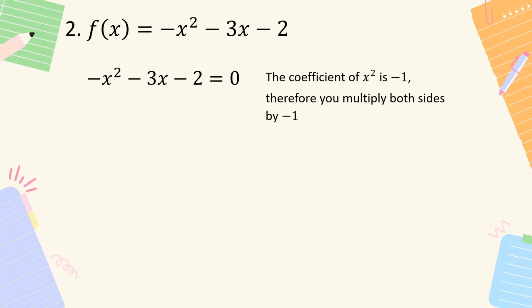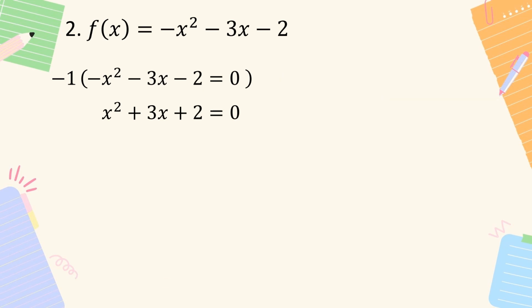Therefore, you multiply both sides by negative 1. So our equation is written as x squared plus 3x plus 2 equals 0. We now transpose positive 2 to the right side of the equation.